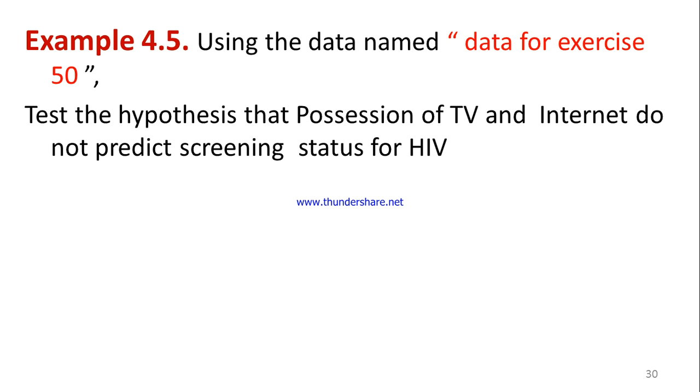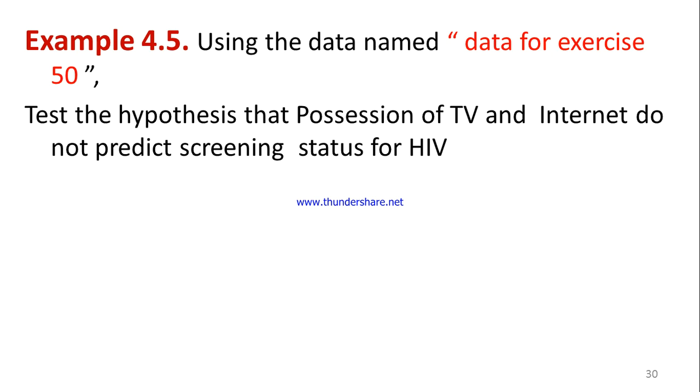Okay, is it logical to look at this relationship? Probably yes. Why? Because if people have access to mass media, including internet, probably they get ample information about HIV/AIDS, and therefore that may affect their decision of being tested for HIV/AIDS or not. So this is what the researcher wants us to look at.